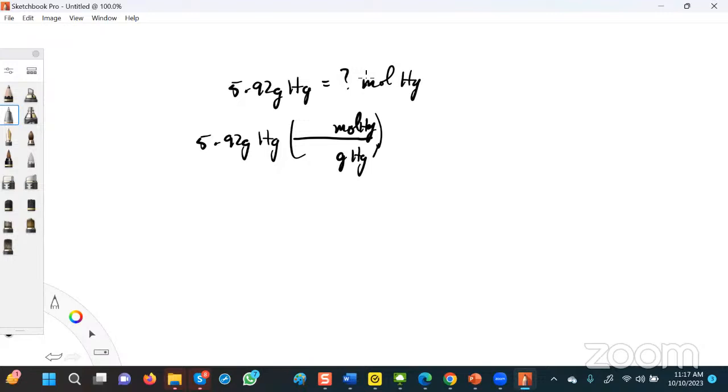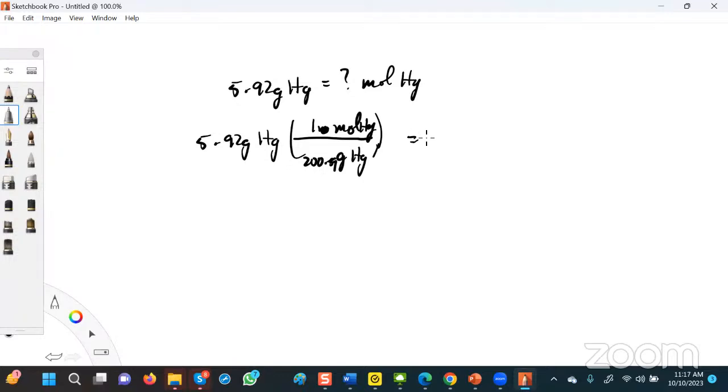Okay, where's mercury? Hg, okay, 200.59. So I'm going to put 200.59 here. And here I'm going to put 1 mole, right? And then I will do the calculation.